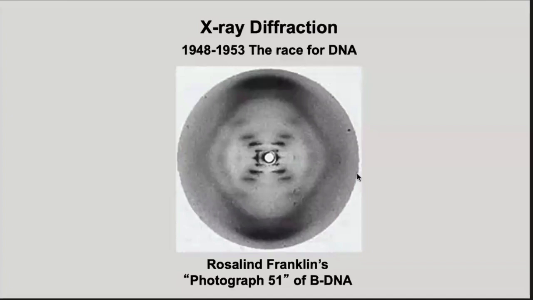Another little twist to the story is that Linus Pauling was supposed to travel to England earlier in the year and attend a conference in London that would have been attended by Watson and Crick and Franklin and Wilkins.